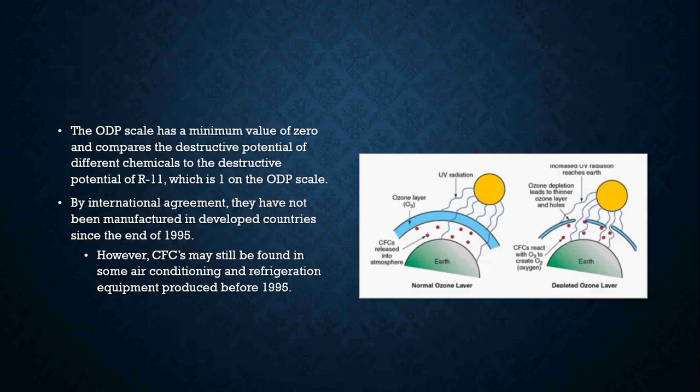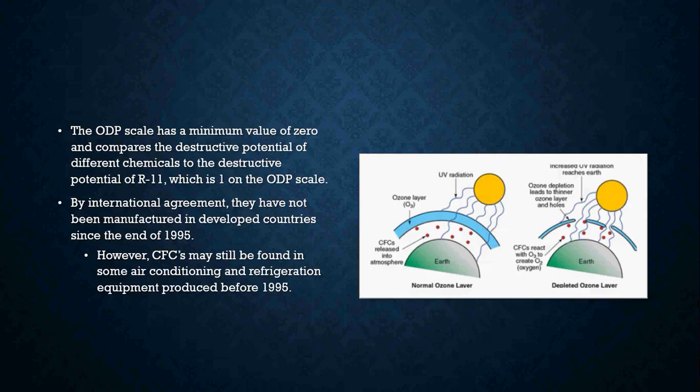So the ODP scale has a minimum value of 0 and compares the destructive potential of different chemicals to the destructive potential of R11, which is 1 on the ODP scale.